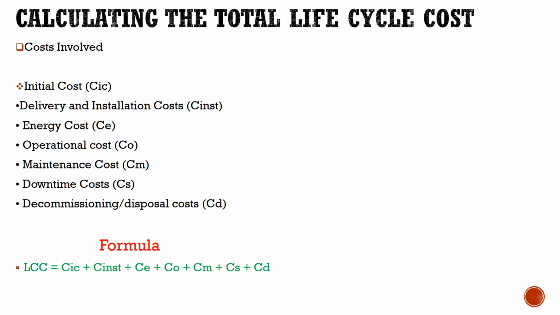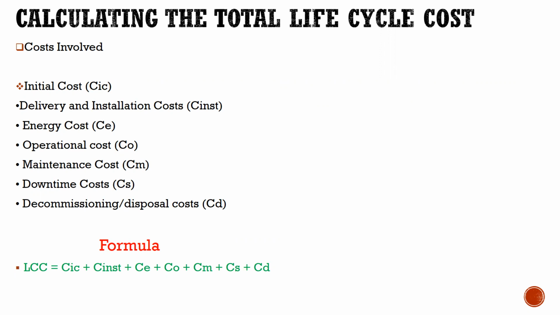So the calculation of life cycle costing must involve some costs. These costs are delivery and installation costs, that is initial cost, energy cost, operational cost, maintenance cost, downtime cost, and the commissioning or disposal cost. And there is a formula.